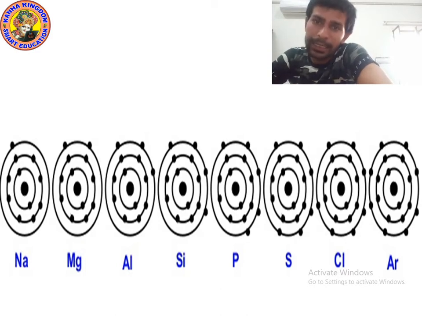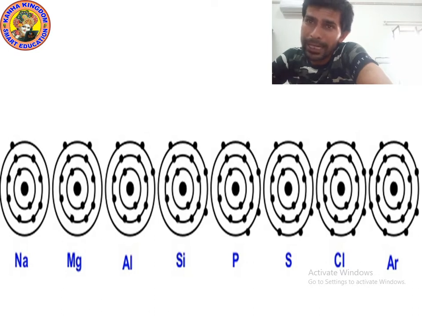Now in second circle, how many electrons can we fill? We can fill maximum 8. And how many electrons are remaining? Silicon has remaining 12 electrons. So we will draw 8 black dot, means we will fill 8 electron in second circle.